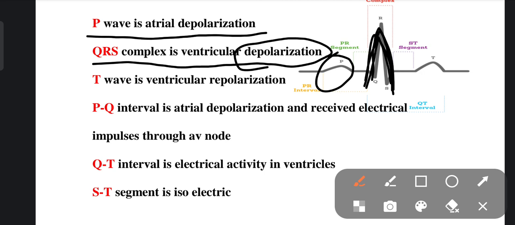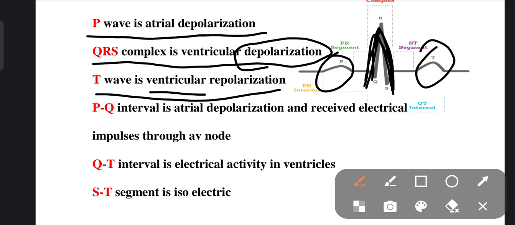It is called ventricular depolarization. Here also the muscle does not have the presence of electrical impulses. The next one is the T wave. What is the meaning of the T wave? T wave is nothing but ventricular repolarization. Here the heart has taken the electrical charge. So here I am showing the changes of the line: P, Q, R, S and T.